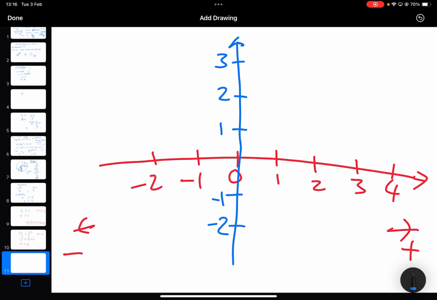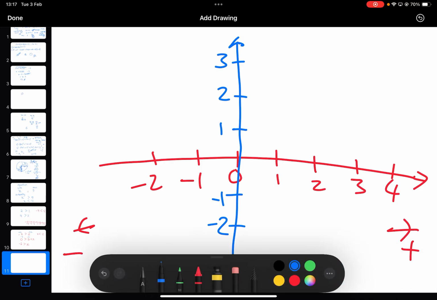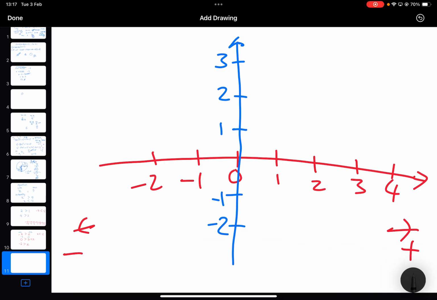Then everyone can go to the same correct point. So if I want to go to this location on this paper, I start from 0, move 2 steps to the right, then move 2 steps up, and I come to this point. So how do I tell people 2 steps right and 2 steps up?